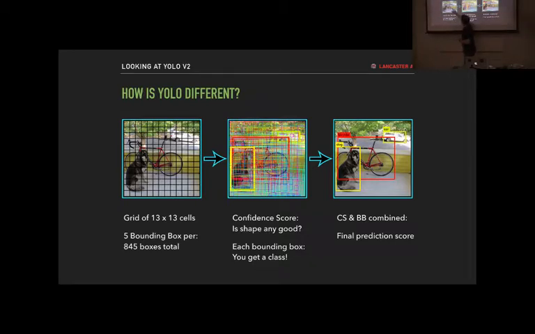We have this red one, which goes around our bike. And in the background you can kind of see a car. That's the confidence score, saying that this shape is good. There's probably something in here, based upon how it pulls these boxes together. And then it combines these to give you a final prediction score.